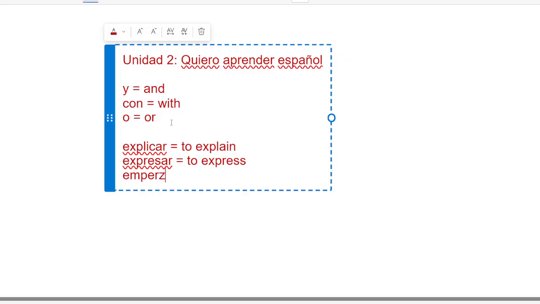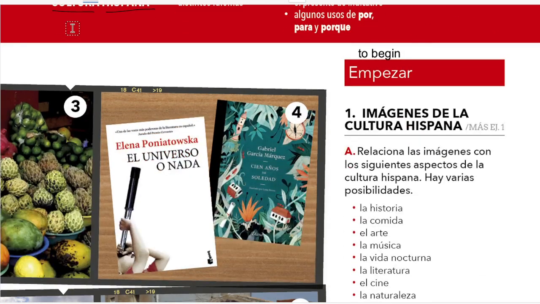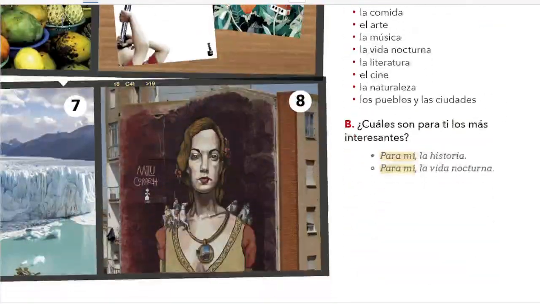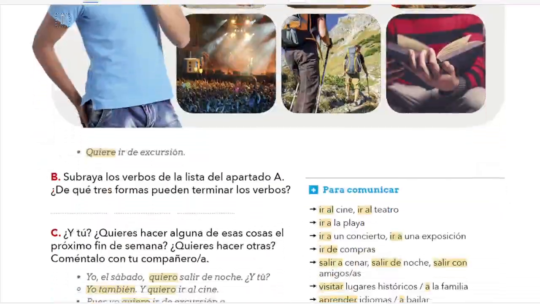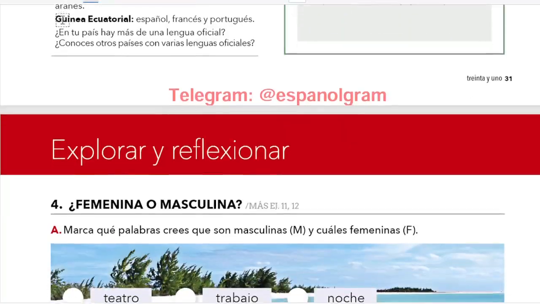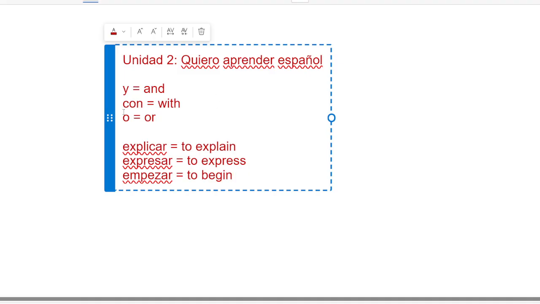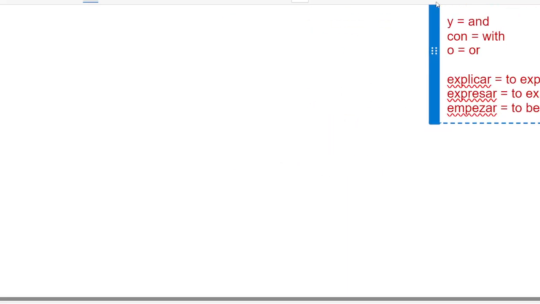Empezar, obviously, to begin. This we are going to come across many times. Now, in the previous chapter, I have given you a brief introduction of the articles. Now, in Spanish, try to learn this very first thing first.